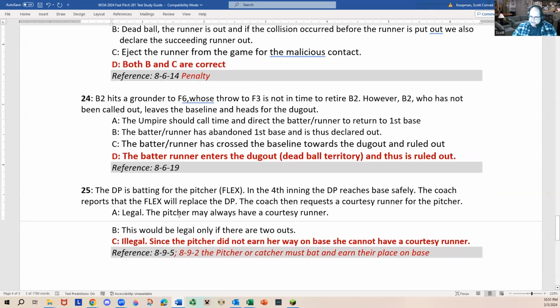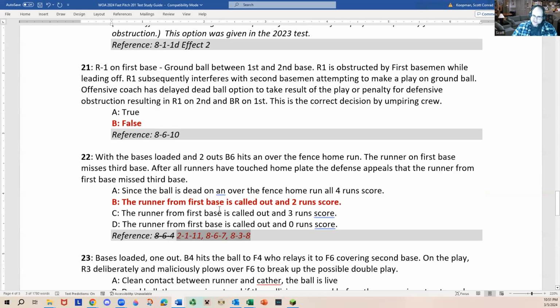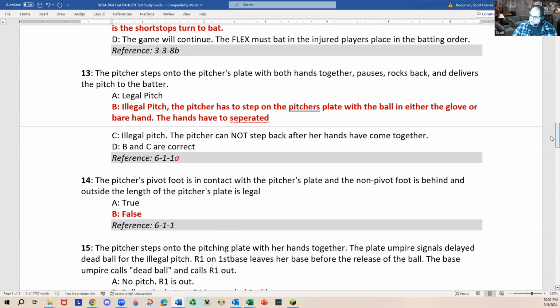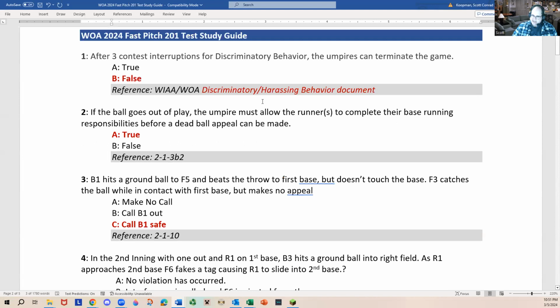All right. Those are the 25 questions. Remember that when you take the test, the order of the questions may change. You will only answer 20 of the 25 questions. And the order of the answers may change and will change on the test.